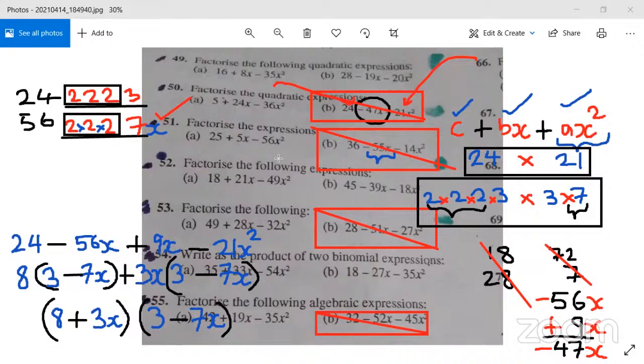So everything else failed. We tried to use 63 and 8, that never worked. We tried to use 21 and 24, that never worked. We tried to use, what else? 72 and 7, that never worked. We tried to use 18 and 28, that never worked. So the last thing we did not try was 56 and 9.